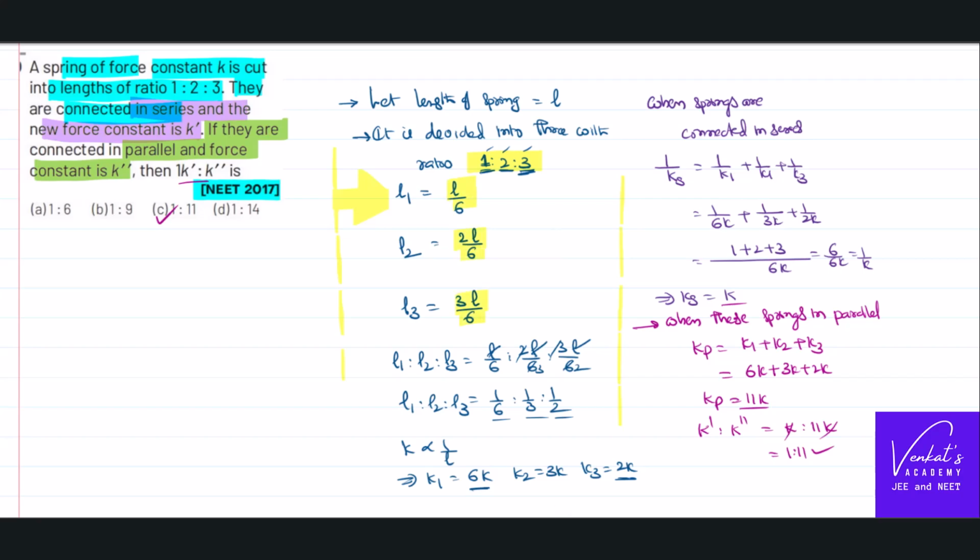That's one important lesson. Next, spring constant is inversely proportional to length. Next, springs in series, we have a formula. Springs in parallel, effective spring constant, we have a formula. Let's learn all these things while we are learning this question so that they will be helpful while solving other problems. Thank you for watching.